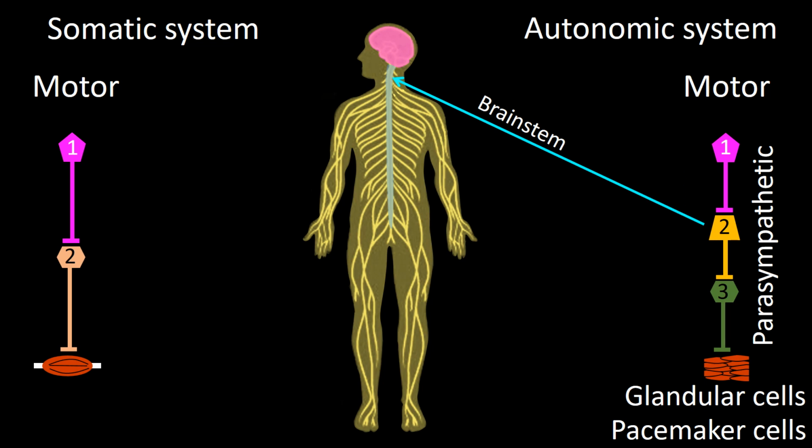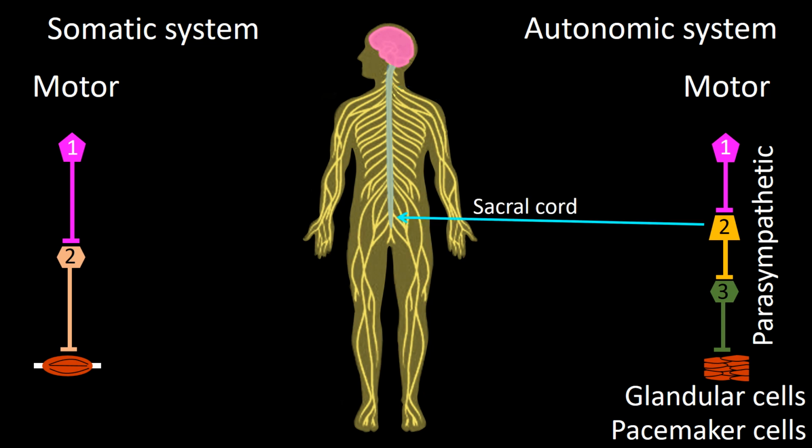The second neuron is either in the brainstem, in the Edinger-Westphal nucleus, lacrimal nucleus, salivary nuclei, dorsal nucleus of the vagus, and in part of the nucleus ambiguus. They can also be in the lateral or intermediate horn of the sacral spinal cord.